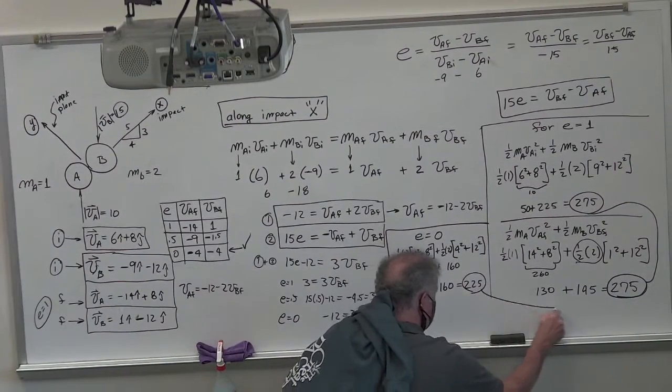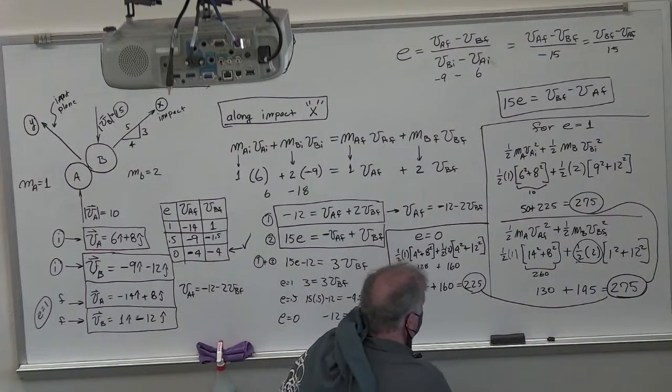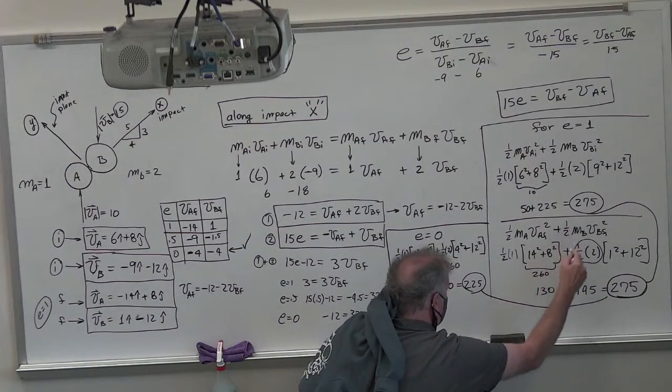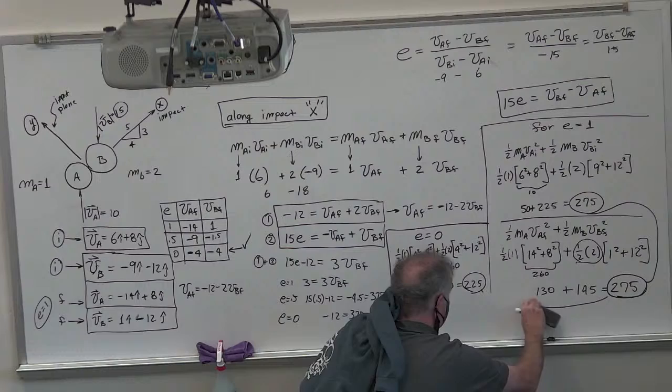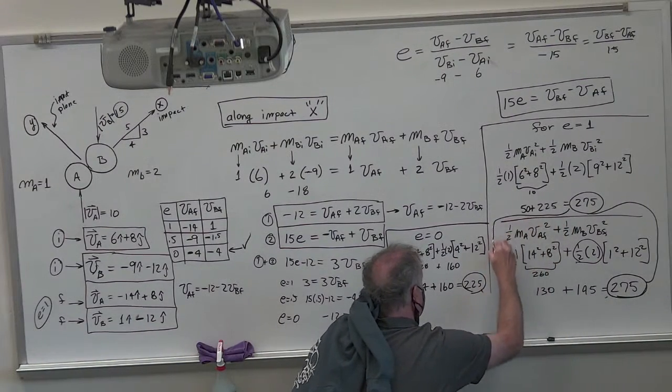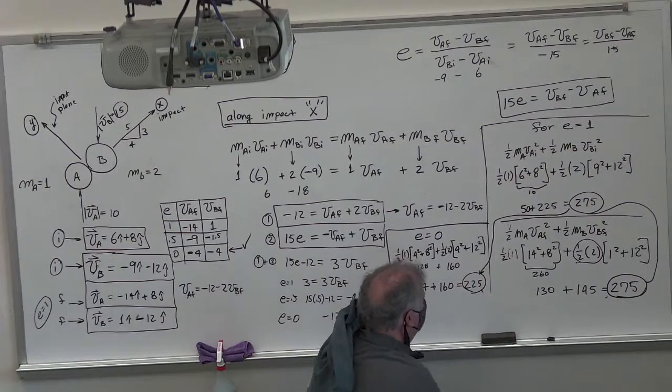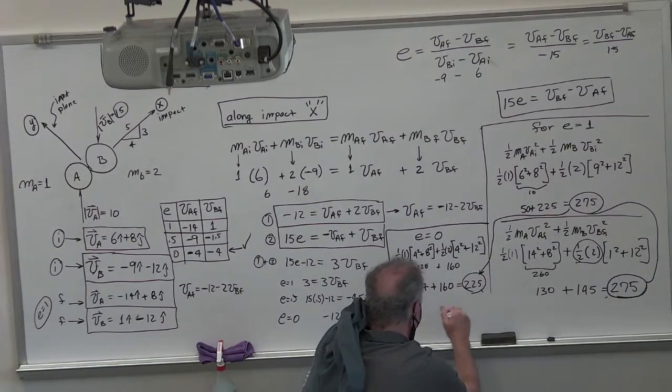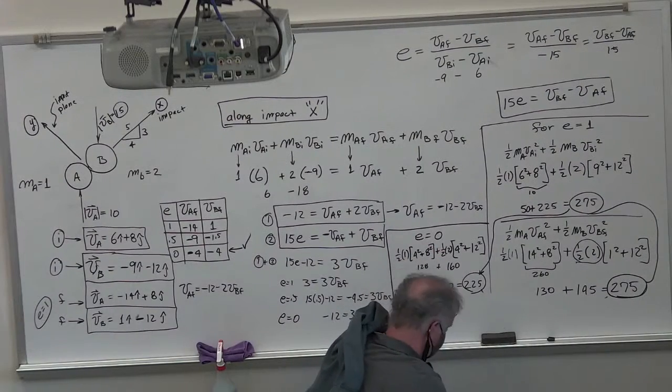So we lost, remember the initial state, and actually I should not have drawn the arrow to here. I should draw the arrow to there. So we lost 50 units of energy if E was equal to 0.